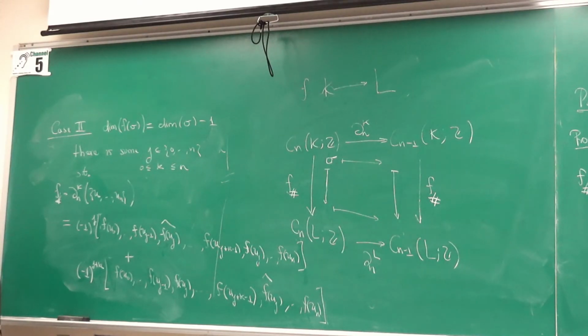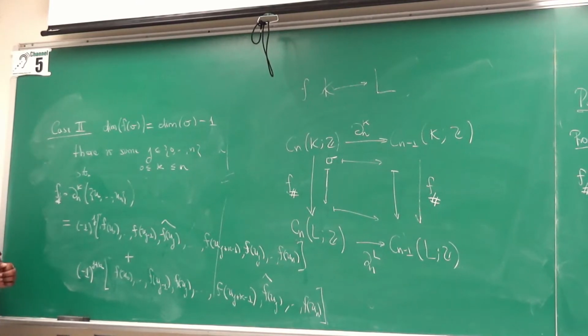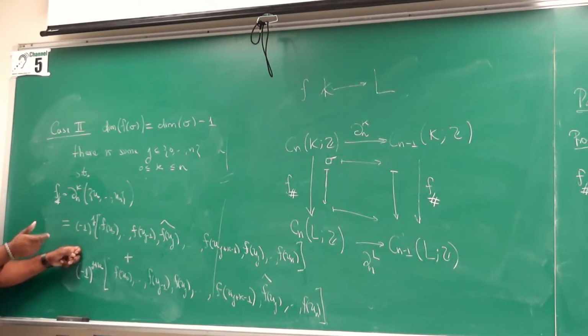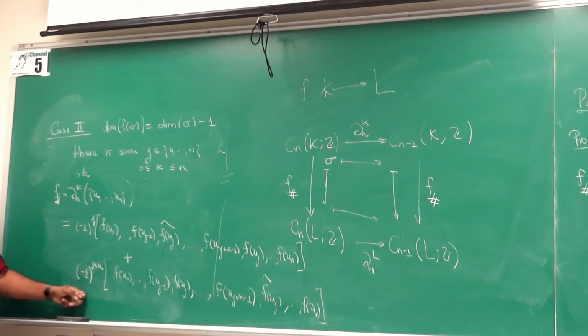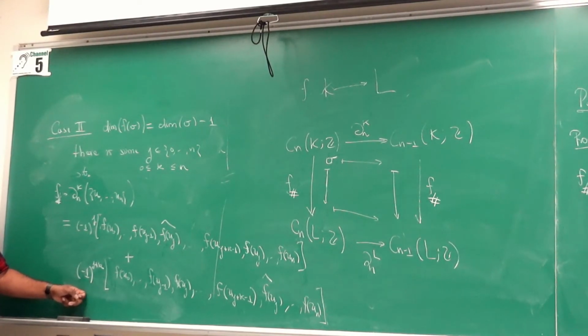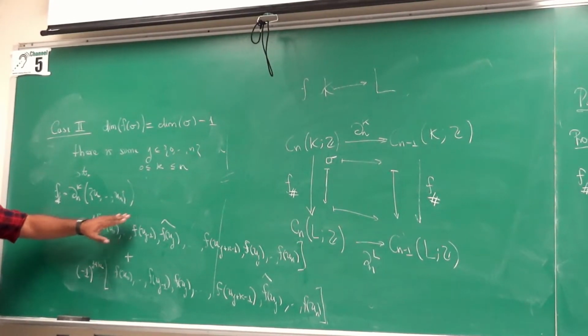K minus 1, right? So that's the counting argument: checking how many inversions I need to turn this ordering into that ordering, and the k's are going to work out so that these two quantities cancel out. So that's the argument. So that makes this side 0.